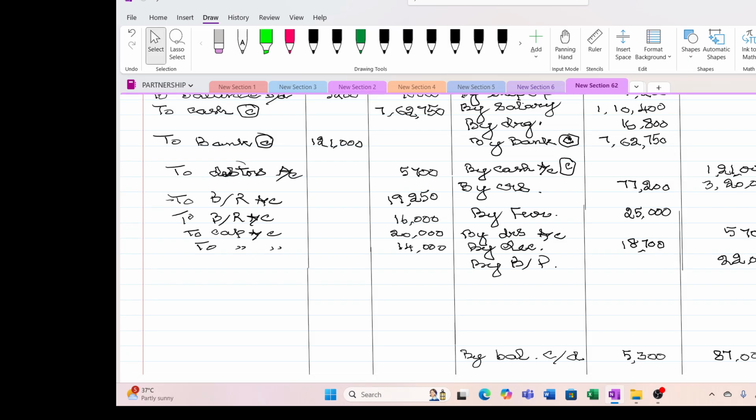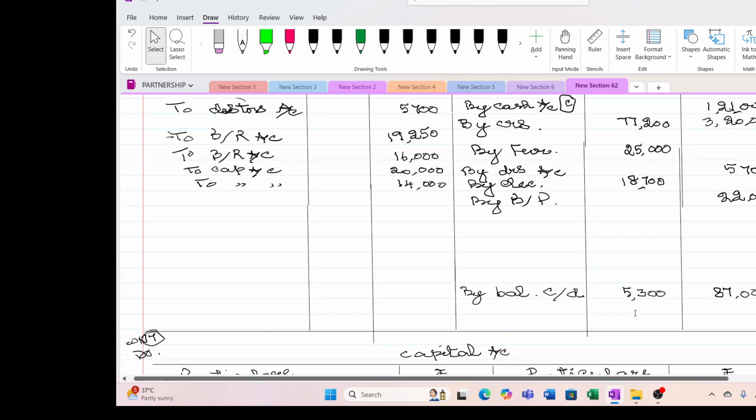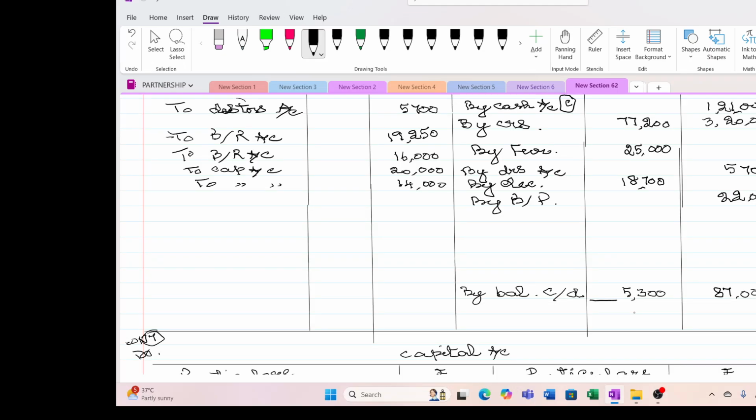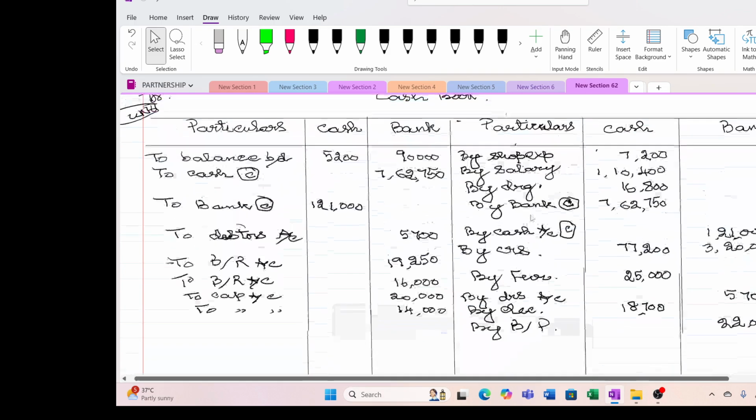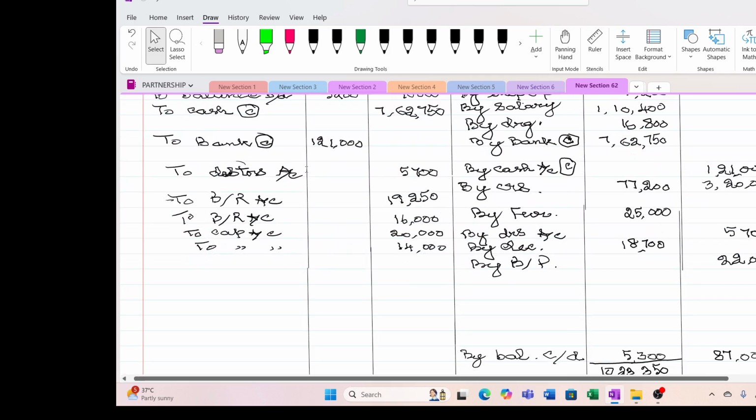The total comes to 10,23,350. See here, the beauty of this is 10,23,350. All of you know the cash book from your class 11 itself. We know that we cannot have credit balances. In case of cash, we cannot have a credit balance. Here the amount is less.